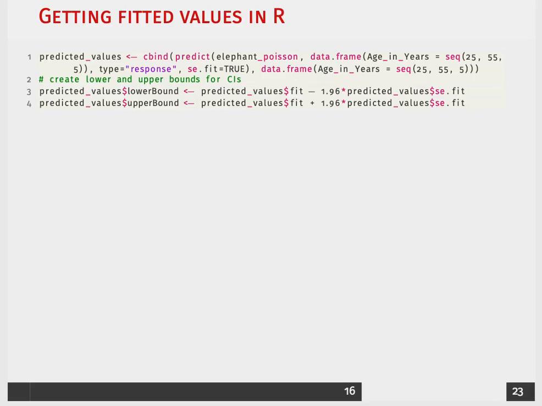Then we are getting the predicted value. I am then creating in lines 3 and 4 the upper and lower bound based on the standard error that is calculated through the predict function.